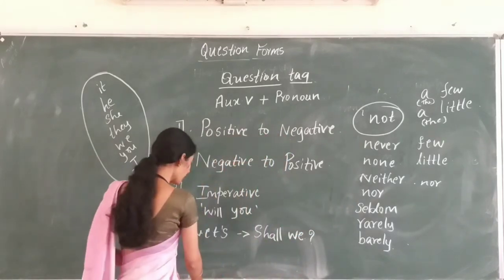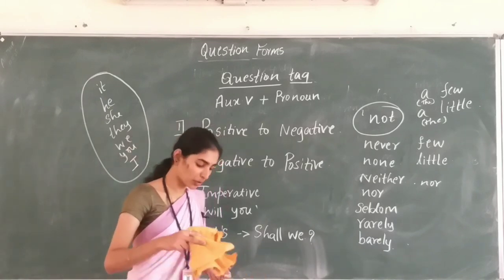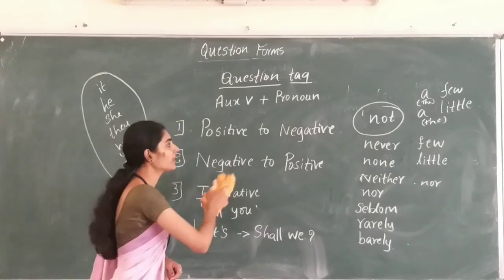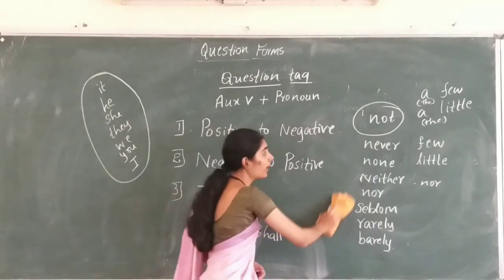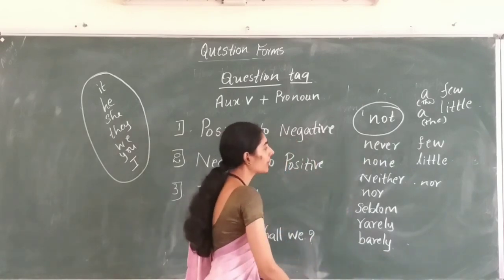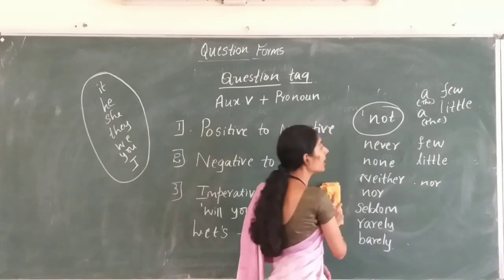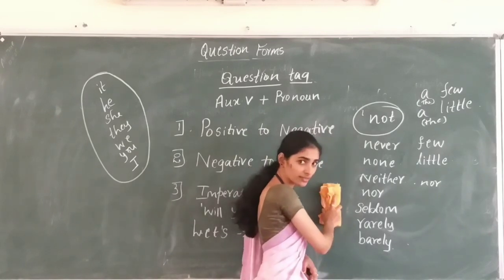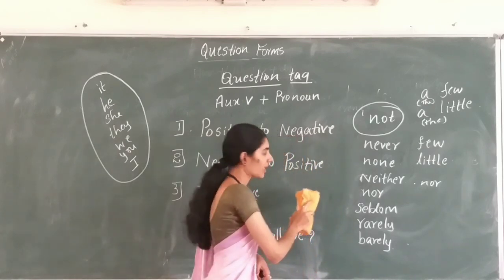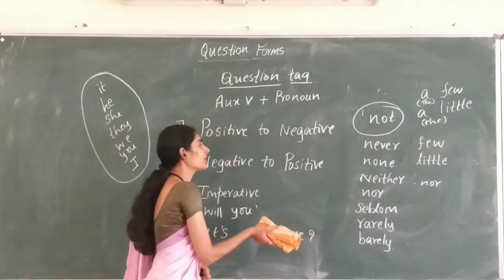I know that some of you may feel that this is very difficult and confusing, but don't worry, we'll discuss it step by step. I hope you understood this much. Please take these words down because these are important. Again, I'm repeating: if you find these words in a sentence, it means the statement is negative, and then the tag must be positive.